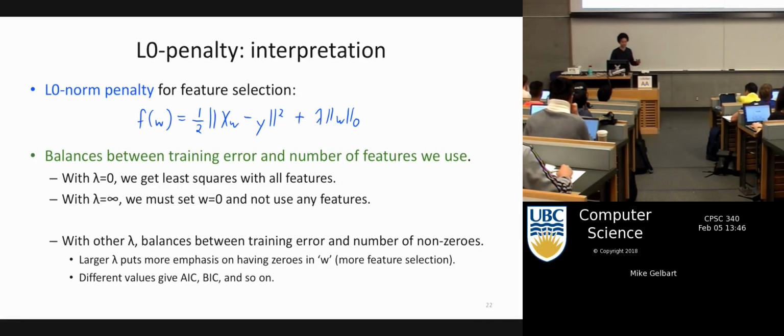So it's all just the same kind of thing, but specific to linear regression such that selecting a feature or non-zero W are the same.